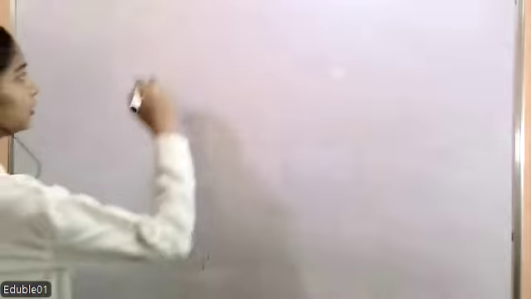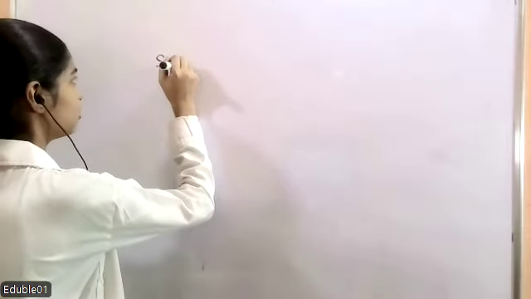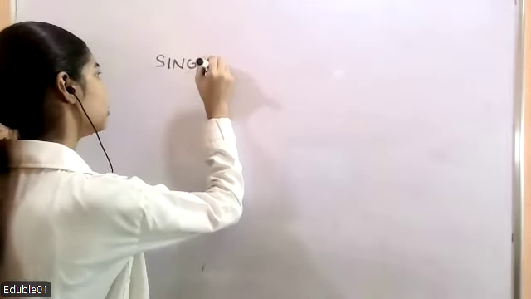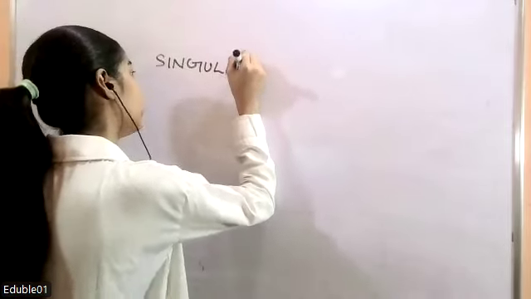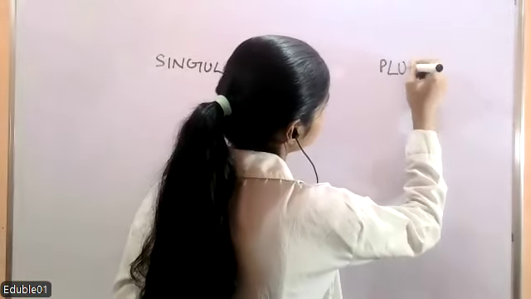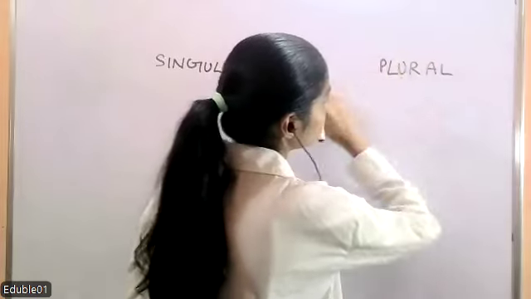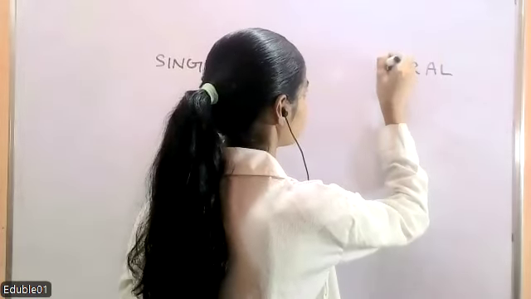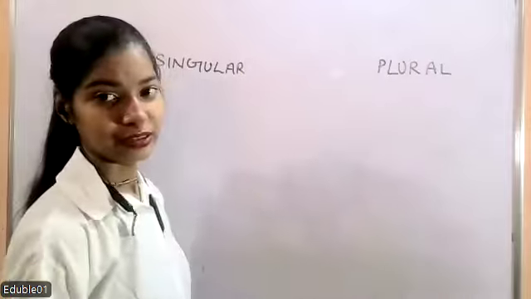The next type of noun we are going to learn about is based on the number of things. So I think you have heard correctly, and you have guessed also that we are going to talk about singular and plural nouns. Here we are going to do both of the things hand in hand, so that we can understand it more efficiently.